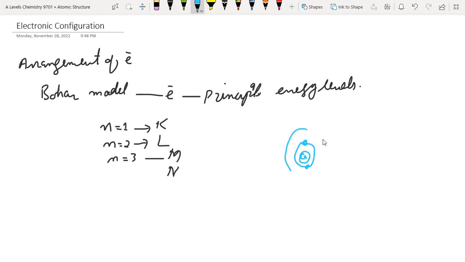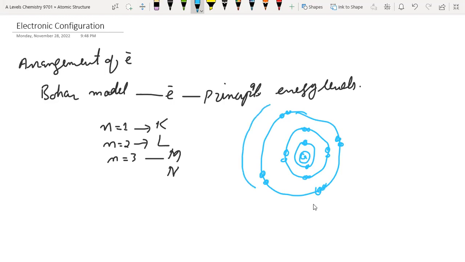It contains 8 electrons in its second shell, sorry, and 8 electrons in the third. It contains 20 electrons, so 2 electrons will be in the fourth shell.